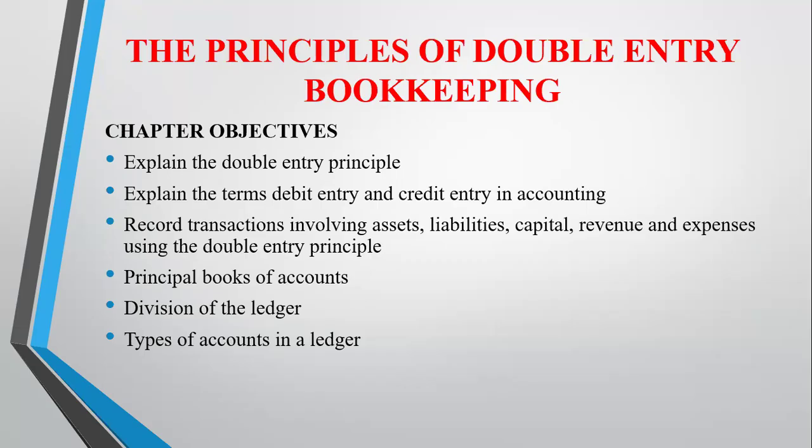We're going to discuss recording transactions involving assets, liabilities, capital, revenue, and expenses using the double entry principle. We are going to talk about the principal books of accounts, which is also known as the ledger, and the division of the ledger. And lastly, we talk about the types of accounts in a ledger.